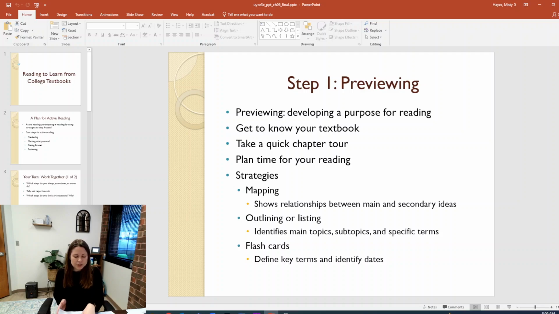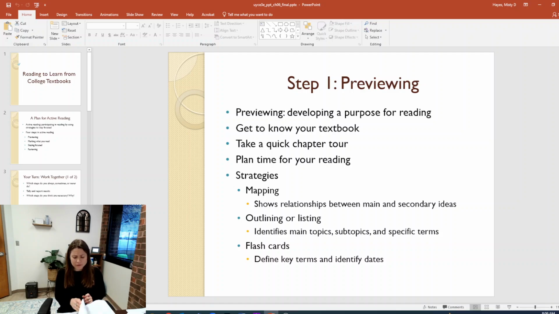As you're going through and reading your chapters, there is bold green print, and that bold print is what we call headings, and that just lets you know the topics that we'll be talking about within the chapter.